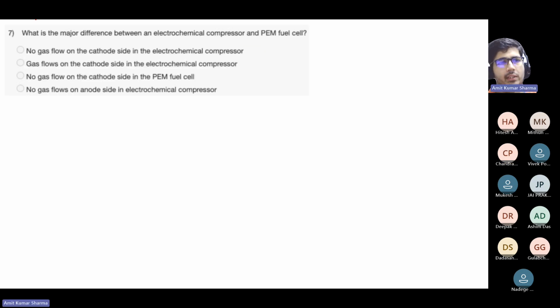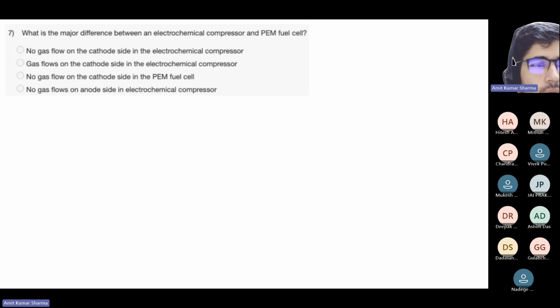What is the major difference between an electrochemical compressor and a PEM fuel cell? No gas flow on the cathode side in the electrochemical compressor. So let's go through the options.